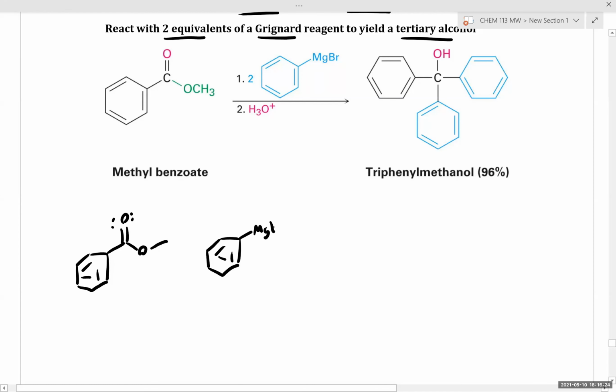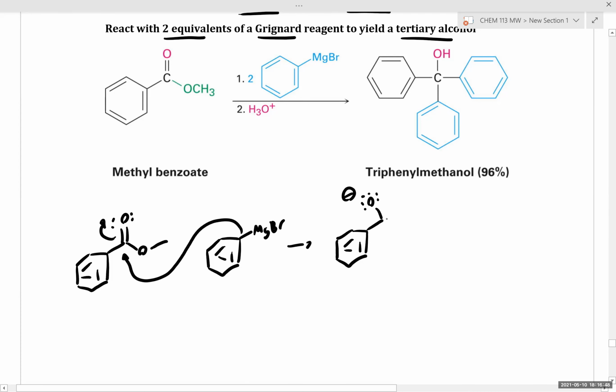So let's talk about the mechanism for this reaction, as this Grignard reaction can simply be thought of as a series of carbonyl substitution reactions. First, our Grignard attacks the electrophilic carbonyl carbon, and that gives us a tetrahedral intermediate.